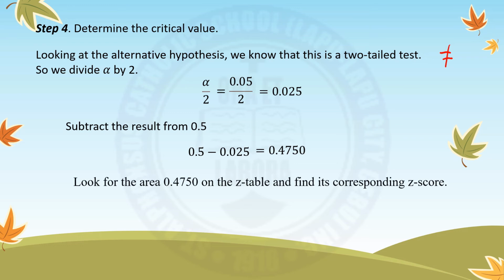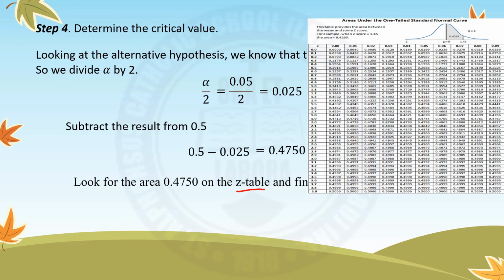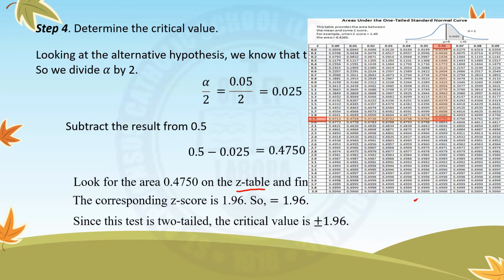0.4750. Look for the area 0.4750 on the z-table and find its corresponding z-score. So we have to locate the 0.4750, which is here, and determine the z-score. So the z-score is equal to 1.96.